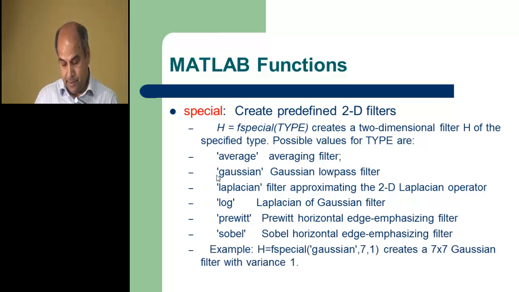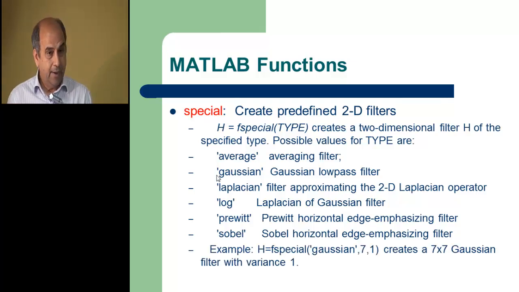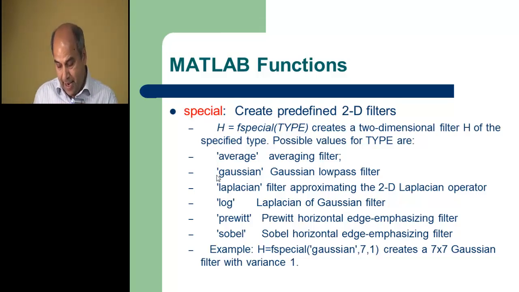An example is shown here: if I say H is fspecial Gaussian 7,1, it's going to generate a Gaussian filter with sigma 1, or variance 1, and the size of the filter is 7 by 7.